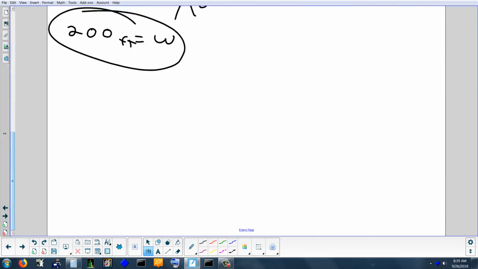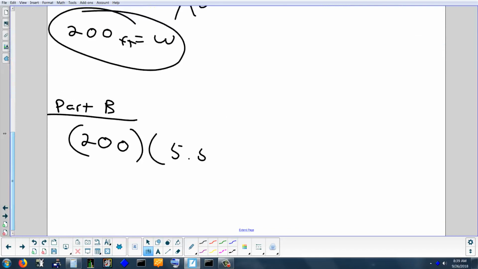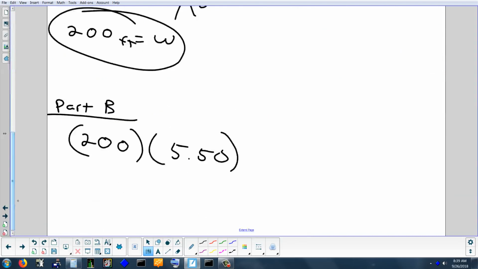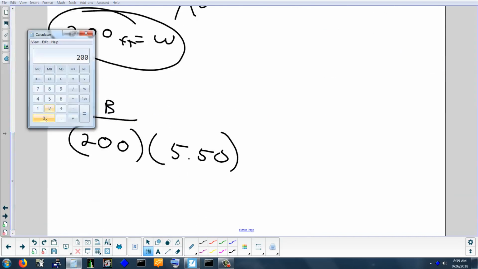So for part B, we're going to take 200 feet, that's the width of the property, and you got to pay $5.50 for every foot. So for the city to put in a new water system, yeah, they're going to charge you. It's expensive stuff. It's going to be $1,100 to replace all that pipe underground.